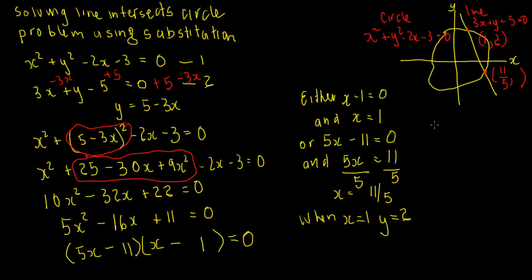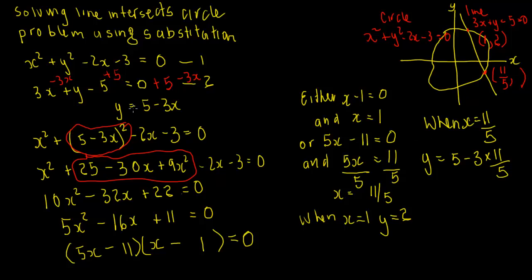Okay, so let's have a look now when x equals 11 over 5, y will equal 5 minus 3 times 11 over 5.